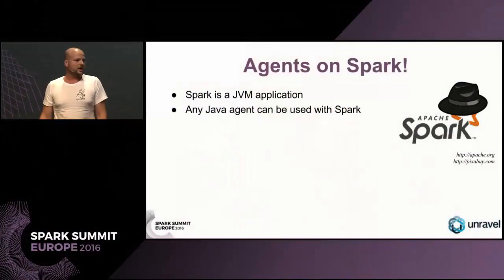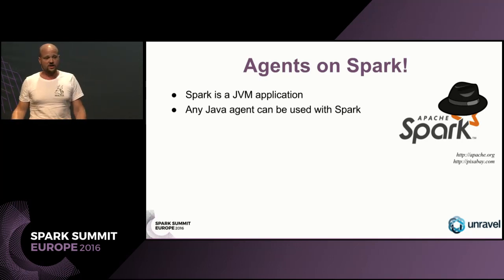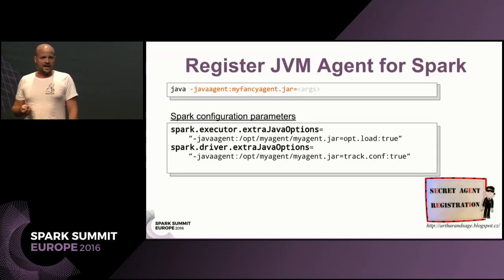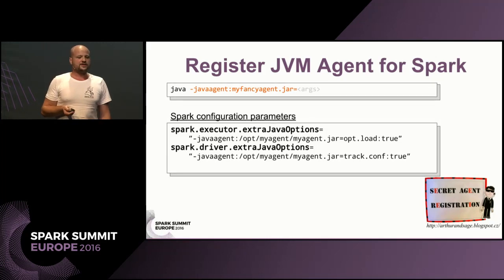Yeah, sure. Spark is, after all, a JVM application, so there's no difference between Hello World Java and Spark on Java. Any Java agent can be used there. And everything you need to do is actually modify extra Java options for executor and driver. That's all.